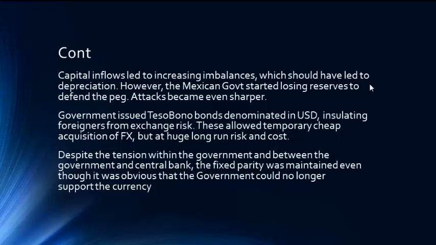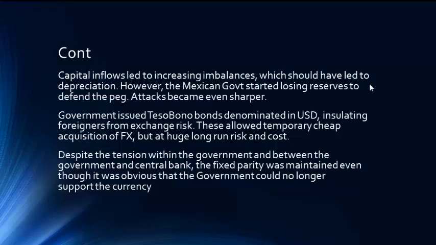But the government was defending the peg, and so it started to lose reserves. Attacks became even sharper as speculators realized that a crisis was occurring. They took actions to make it even worse, because they were betting that the government would eventually have to devalue, exactly as happened in England, and once it devalued, you can make huge amounts of money.